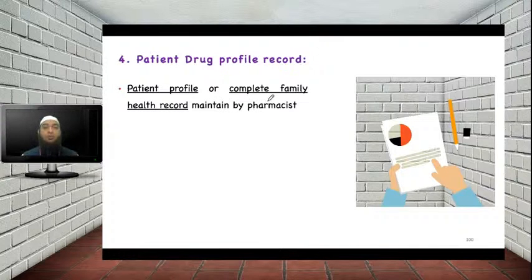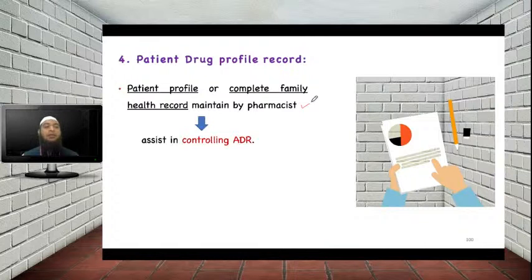So the patient profile or the complete family health record can also be maintained by the pharmacist. So if you have the patient profile about the complete history of what medicine he has purchased from your medical shop over the last many days, and if any ADR is reported, then that can also be added. Likewise, if any allergy is reported, that can also be added in that particular software.